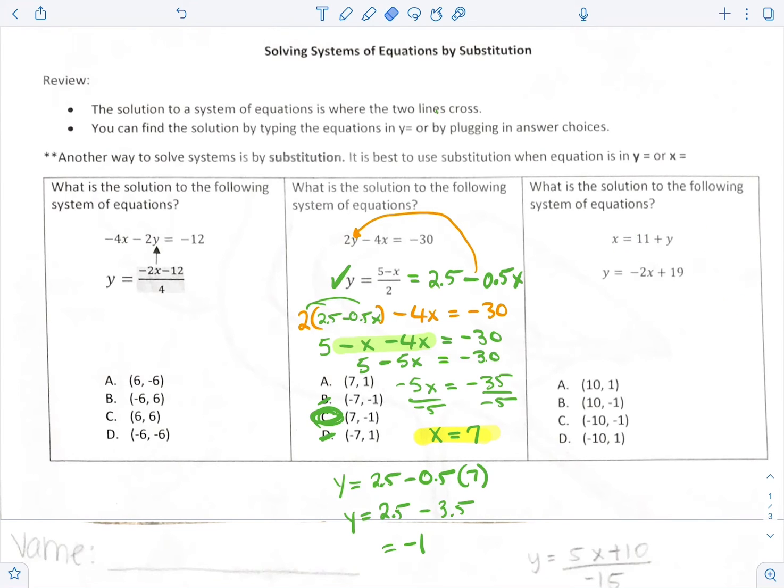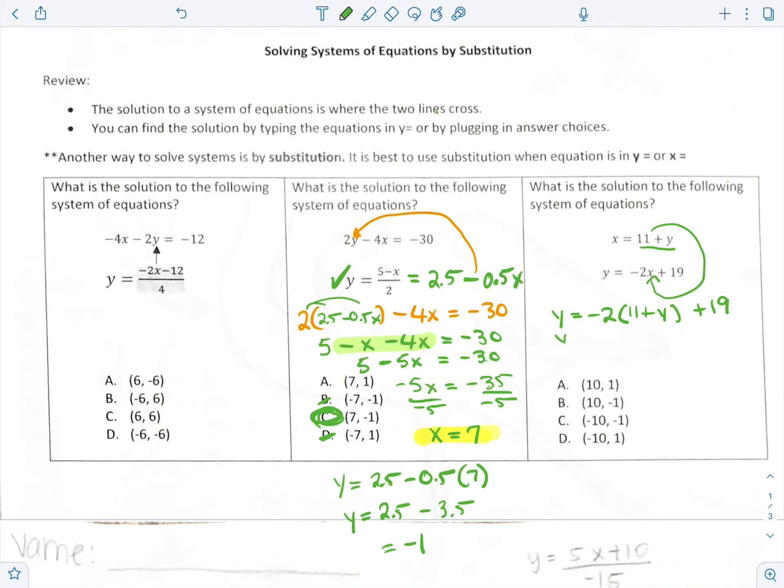Now, if we're talking substitution, starting from the beginning, we're given x equals and y equals, so it does not matter which equation we work with. Since x equals 11 plus y, let's go ahead and substitute that into the bottom for x. So that's y equals negative 2 times 11 plus y, and then plus 19.